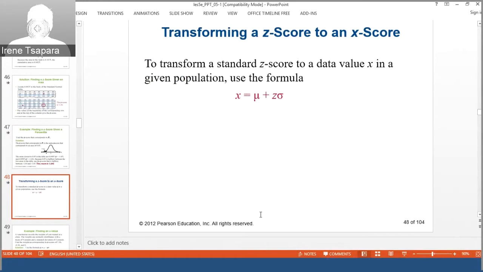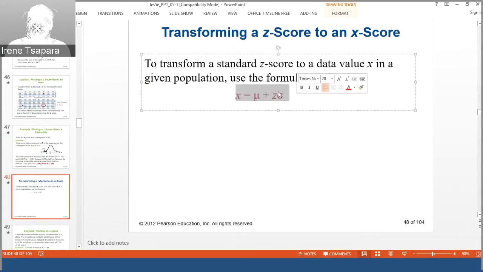So before we go on and look into sampling distributions and what exactly is the difference by looking in a sample instead of looking in the entire population, I want to mention right here that the formula that I gave you that calculates the z equals x minus mu divided by sigma can also be written as x equals mu plus z-score times sigma, and this can give you the corresponding x.